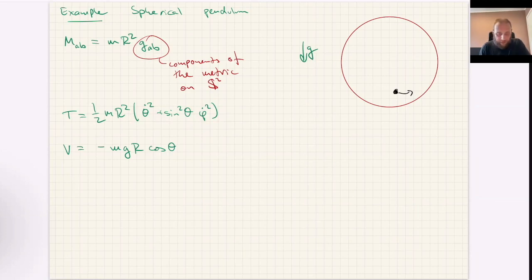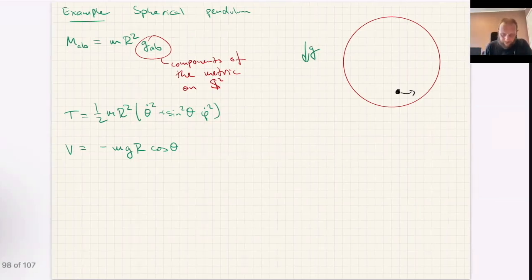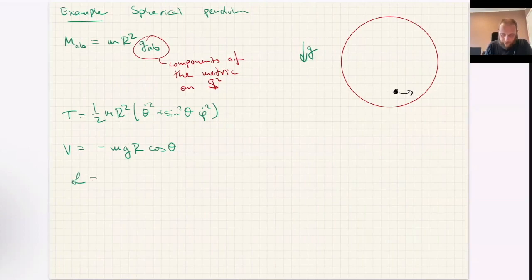So this means our Lagrangian L is 1/2 m r squared times theta dot squared plus sine squared theta phi dot squared, minus this V, so plus mgr cosine theta.